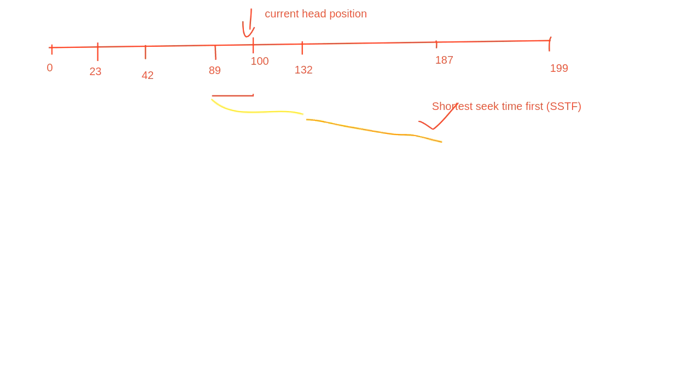Now after 187, you see 42 is shorter? How?